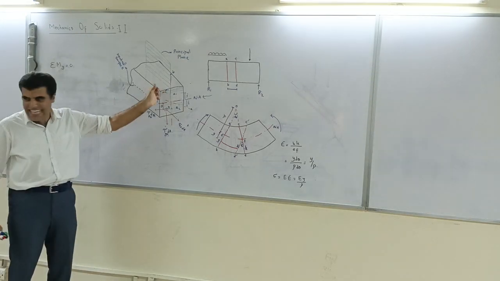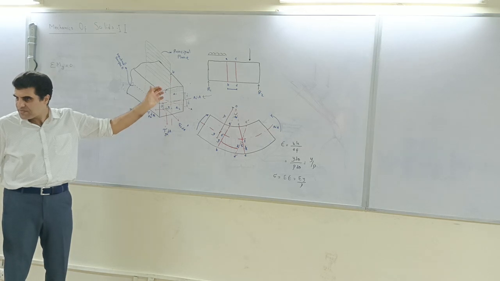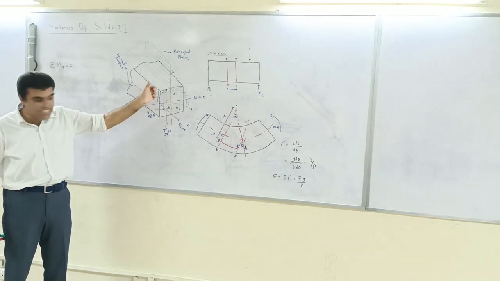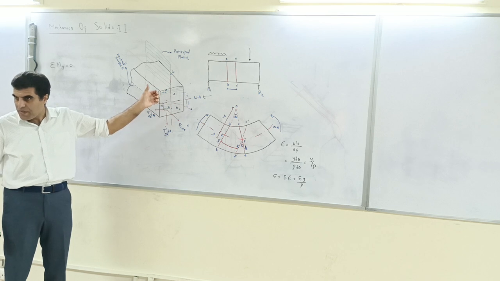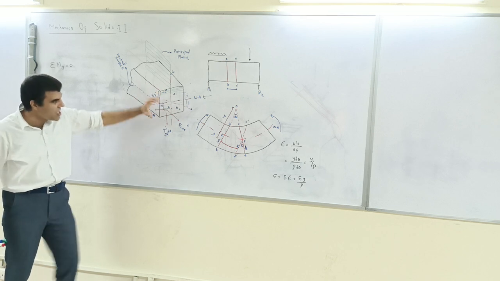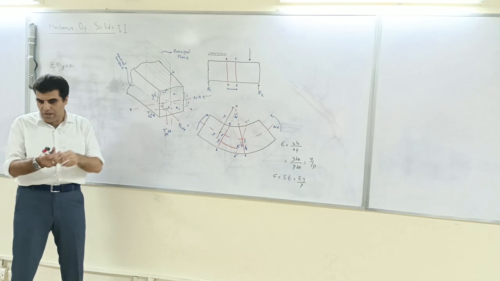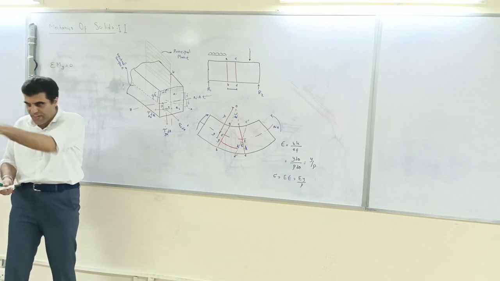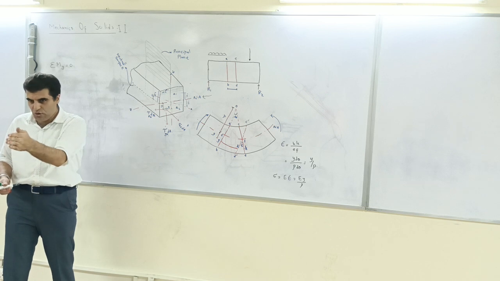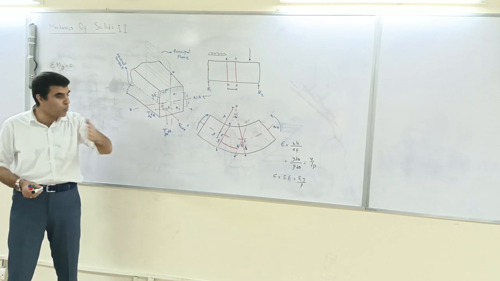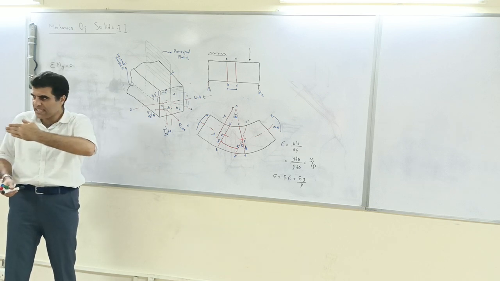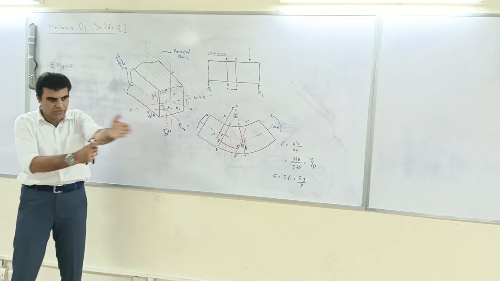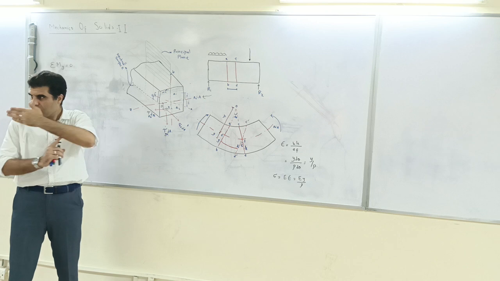The y-axis is this one. About y, initially we had twisting, like a torsion. The section was like this, and it goes like this. About the y-axis, it can go like this.